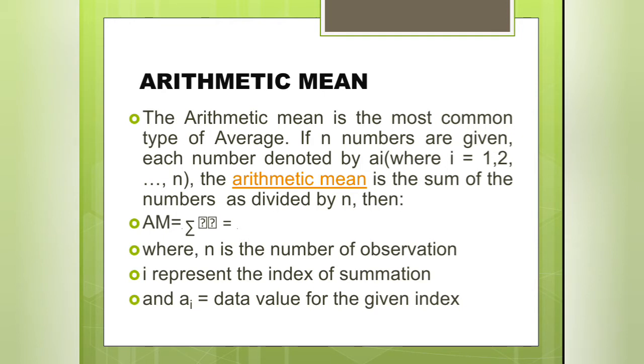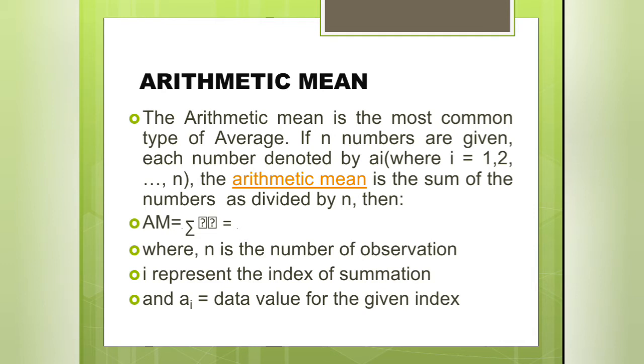Now arithmetic mean. Arithmetic mean is the most common type of average. If n numbers are given, each number denoted by ai, where i is from 1 to n, then the arithmetic mean is the sum of the numbers s divided by n. So arithmetic mean is nothing but just the given average or the mean.